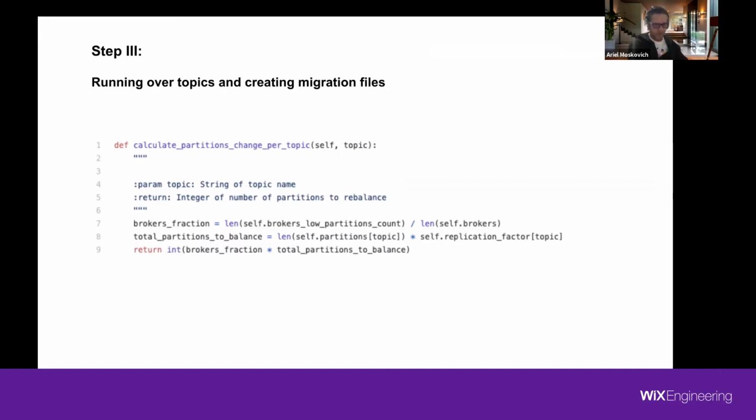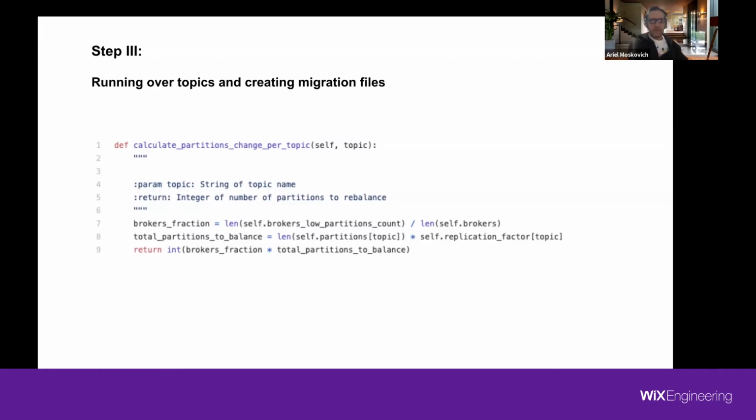So for example, let's say that I have a topic with 30 partitions and this cluster includes 10 brokers, one of them new. So the broker fraction is 1 divided by 10, which gives me 0.1.